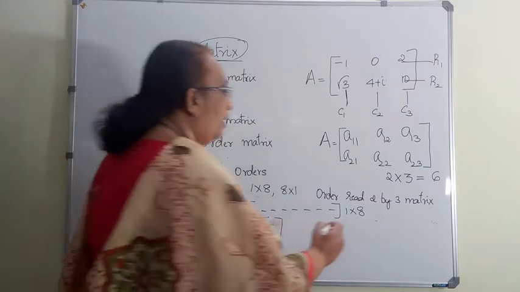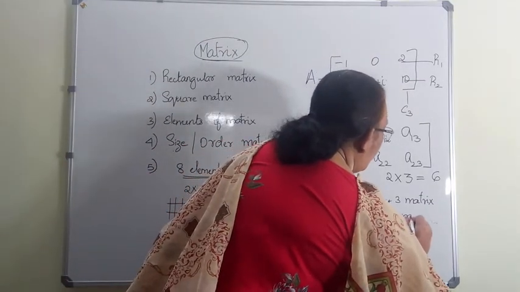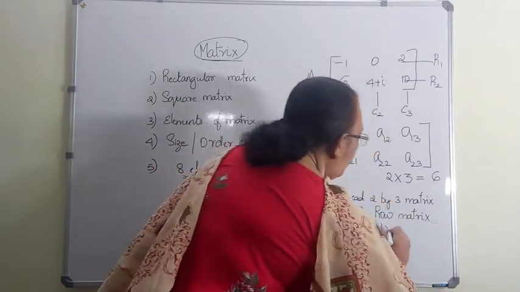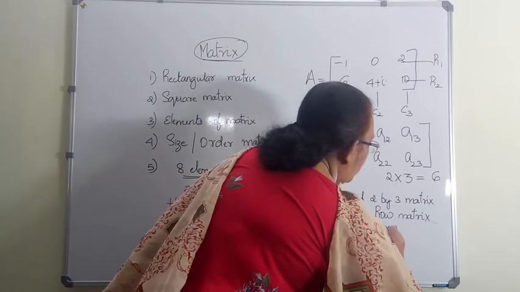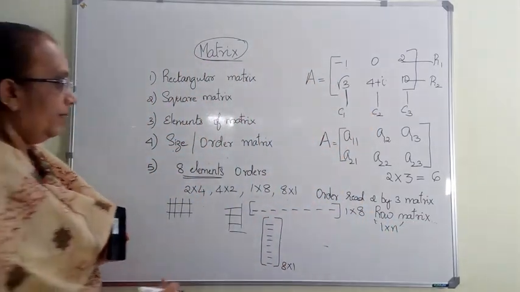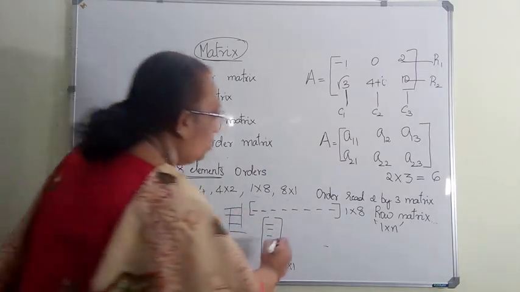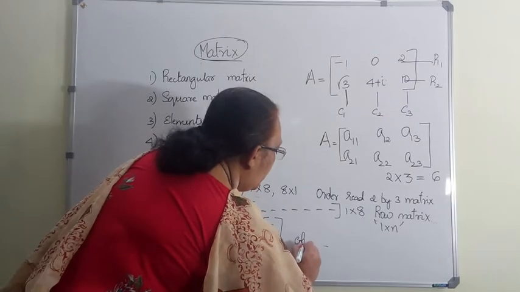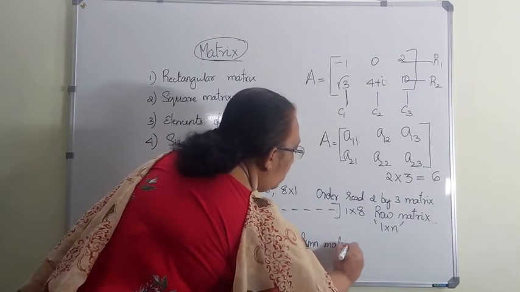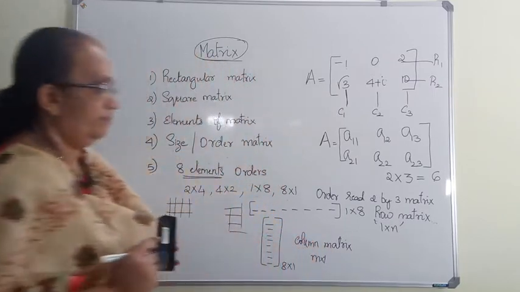It is called a row matrix. One row and any number of columns. Generally speaking, it is 1 by n. In this case, it has 8 rows and 1 column, so it is called a column matrix, m by 1.